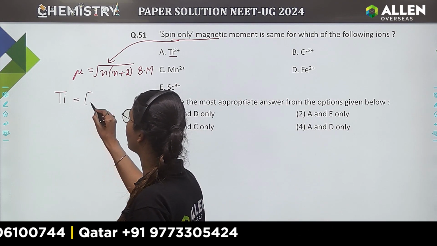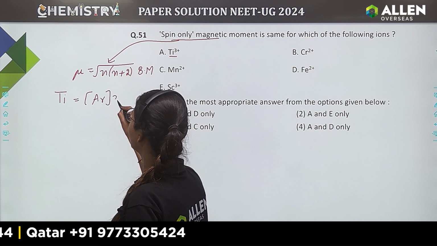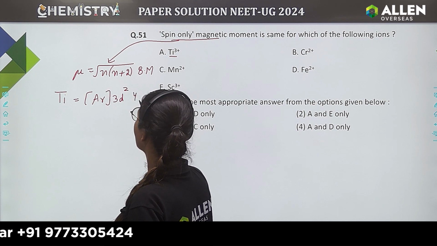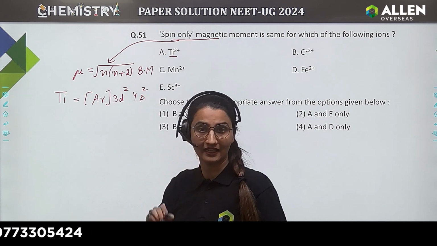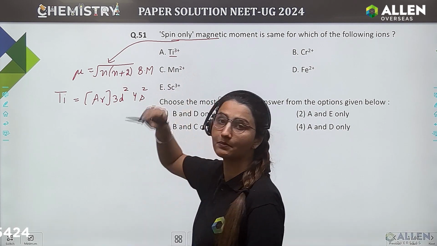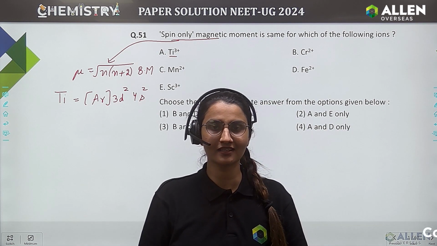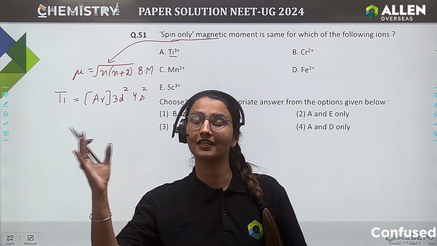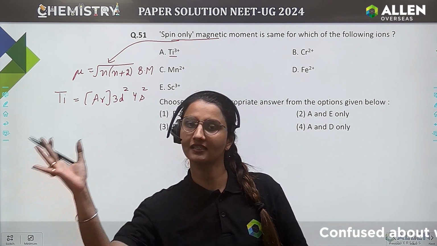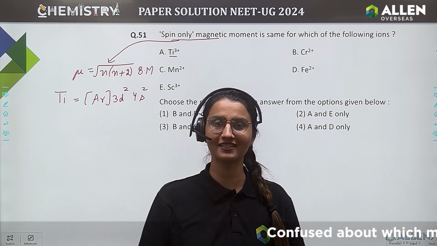It is argon 3d2, 4s2. And if I talk of Ti plus 3, it means it has lost 3 electrons, yes? And when electrons are lost, they are lost from the outer shell, then we proceed towards the inner shell, yes?